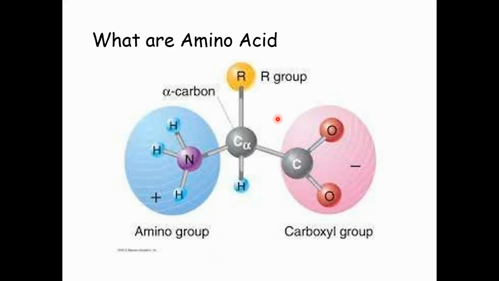I forgot to tell you that the last bond the central carbon atom makes will be with the hydrogen atom. So an amino acid is a biomolecule that has a central carbon atom, and this central carbon atom is found to join with one carboxylic group, one amino group, one hydrogen atom, and one R group.